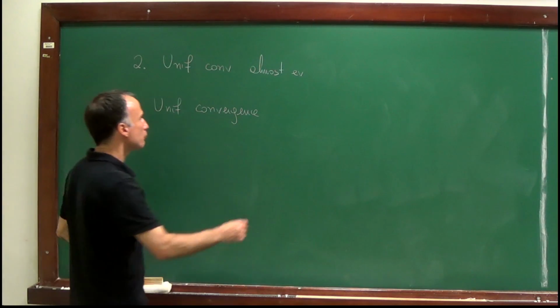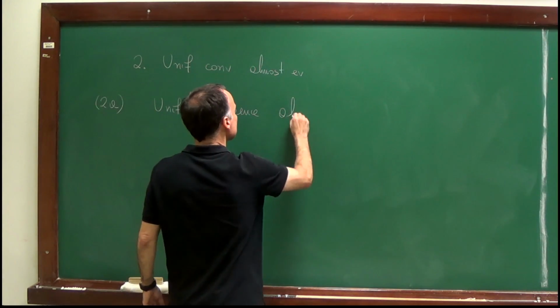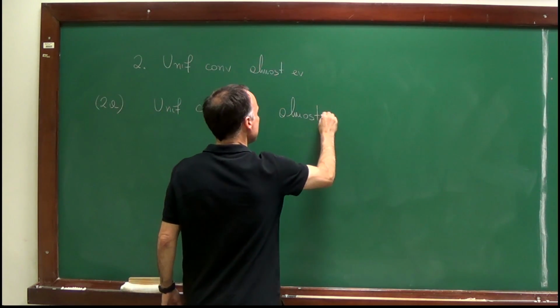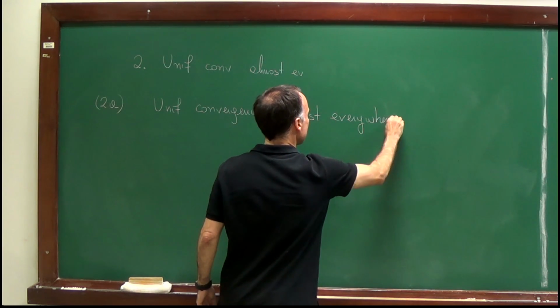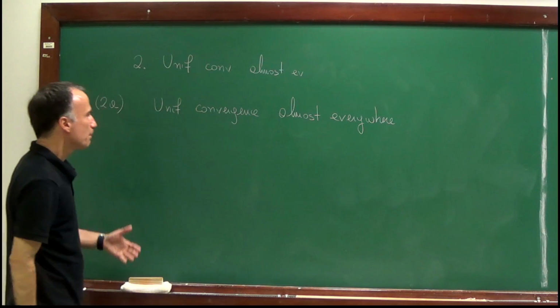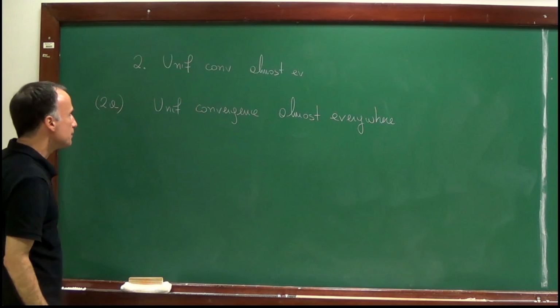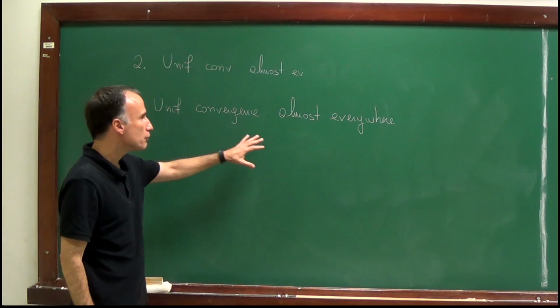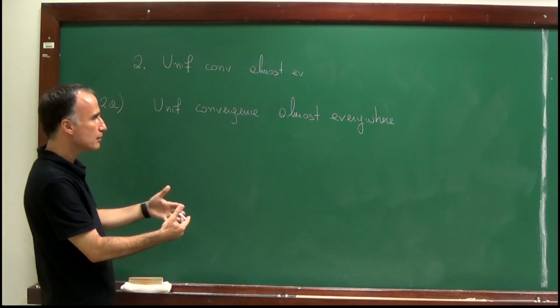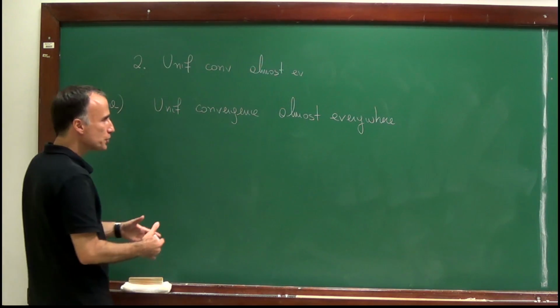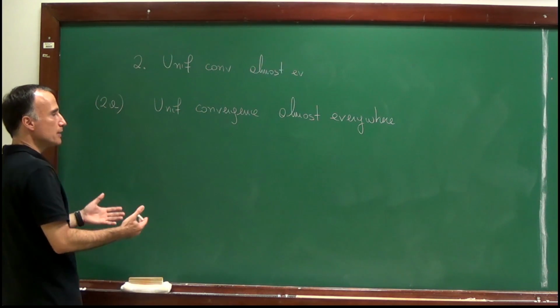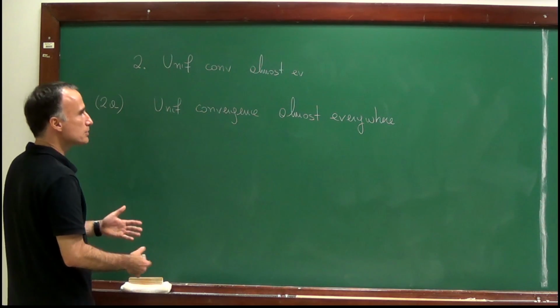So based on that, I will introduce the concept of uniform convergence almost everywhere. It is very similar, but the uniform convergence will not happen in the set omega, but only in a subset which has total measure.